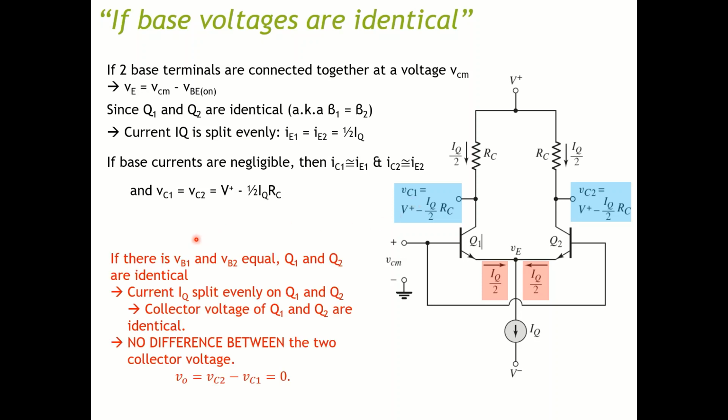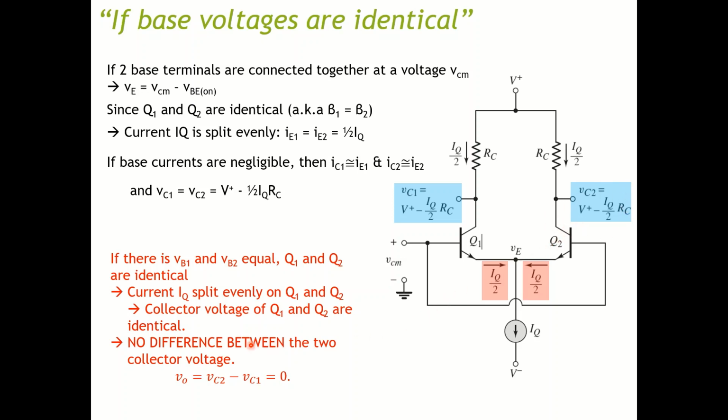So to conclude, VB1 and VB2 are equal, and Q1 and Q2 are two identical transistors. You have a current source, and this current splits evenly between Q1 and Q2, and therefore the collector voltages will also be identical.